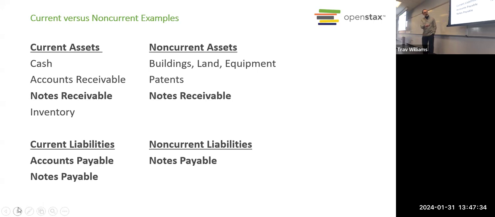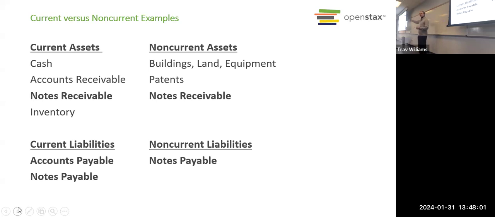So what do you think a note payable would be? I said a note is a loan, right? Loan. You've got to pay that. Yeah. It's a loan we have to pay back, right? And if it's for less than a year, meaning we're planning to pay it within a year, it's a current note payable.